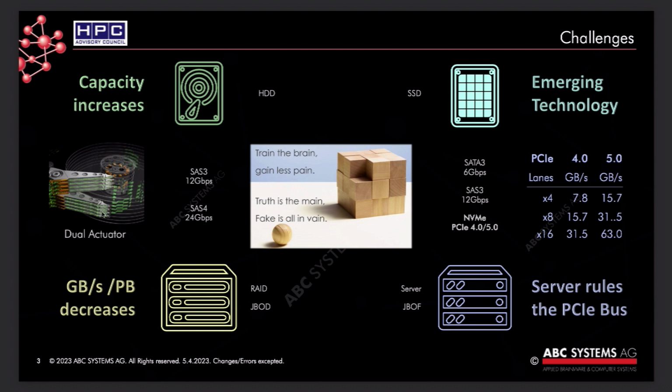Then we see different ratios of throughput, and coming up PCI 4 and 5 with those lanes providing quite a lot of bandwidth. And for NVMe, we must see the server rules the PCI bus. So the server is probably the home of NVMe.